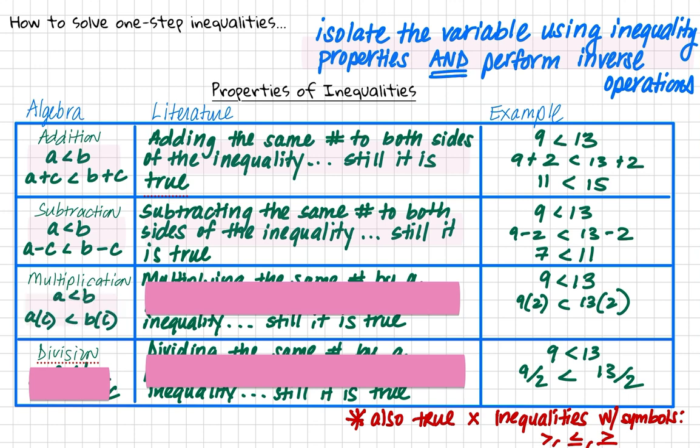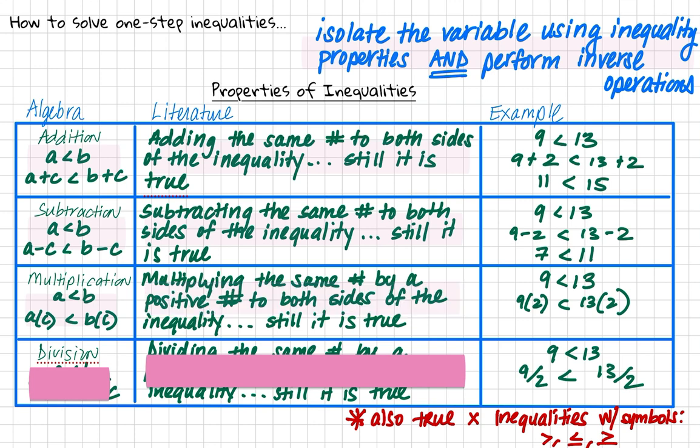The multiplication property states that multiplying both sides of the inequality by the same positive number still leaves the inequality true. I want to make note of that positive number. If it's negative, it's a different situation, and we'll go over that in a moment.